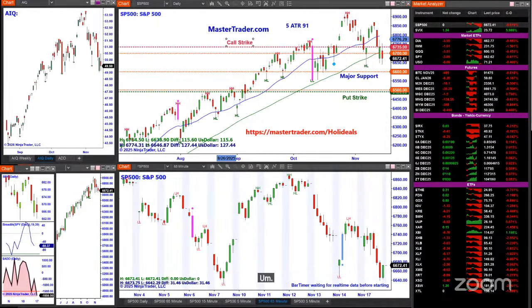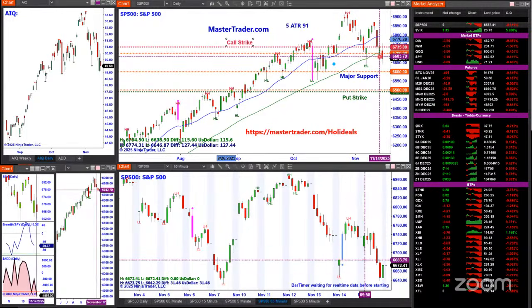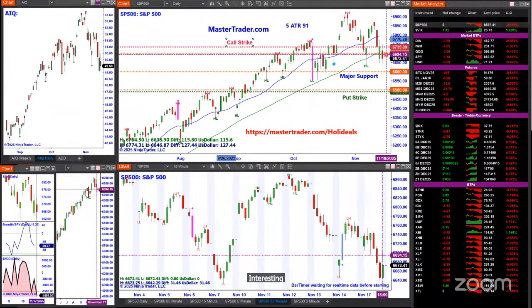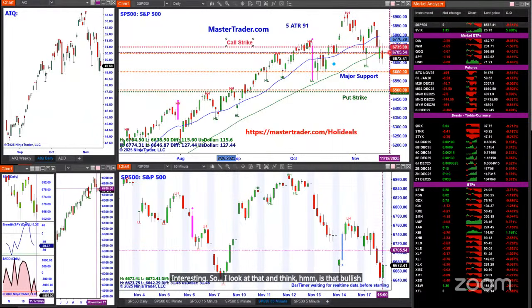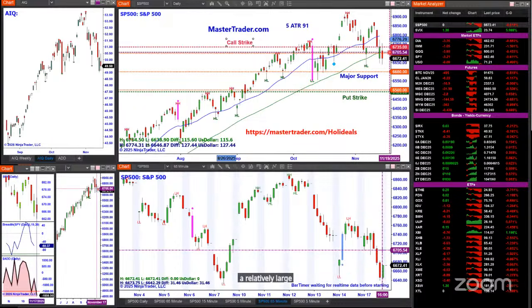Currently, the large open interest expiring at the end of the week for calls is 6,800, and for puts is 6,750. Interesting. So I look at that and think, is that bullish, or is that complacency that there isn't a relatively large open interest in the put options?